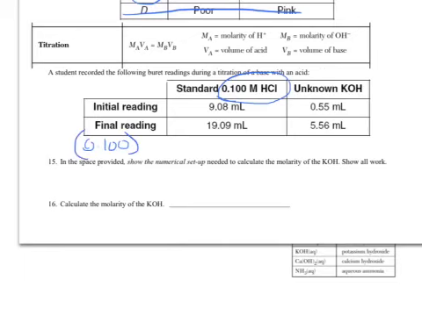Now we need to find the volume of acid, but here we're given 2 volumes. Let's deal with that in a minute. And for the molarity of the base, we look here and we see that it is unknown. So that is our X. And then again we have 2 volumes for the base.